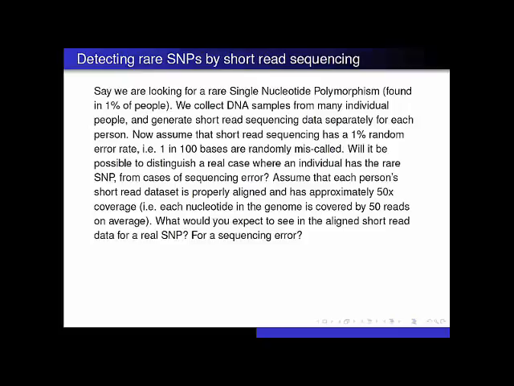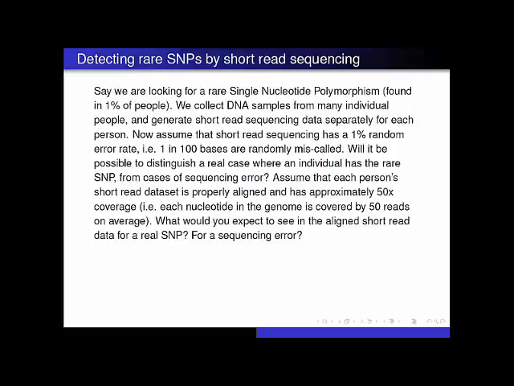question is, if we do this analysis, will we be able to distinguish a real case where a particular person actually has the polymorphism, in other words, a C instead of an A, versus background sequencing error?